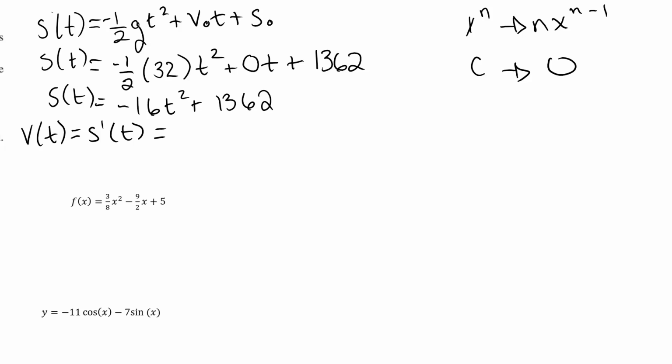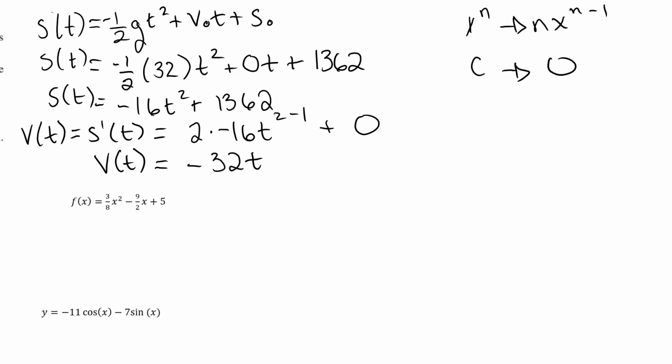So my exponent is 2, so I've got 2 times negative 16, t to the 2 minus 1, plus the derivative of a constant, which is 0. 2 times negative 16 is negative 32, t. So that's our velocity equation. So this is our answer to A, the position and the velocity equation.